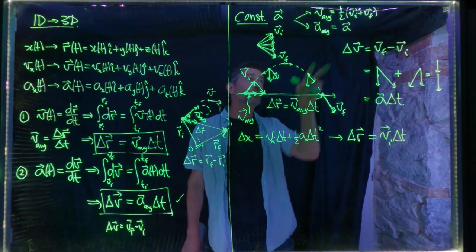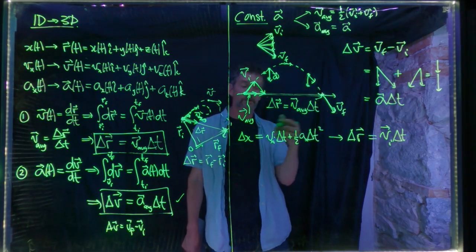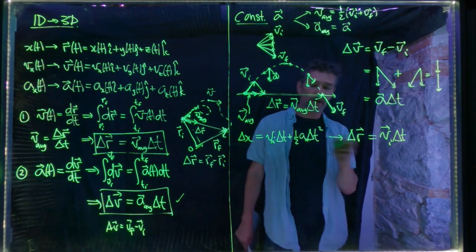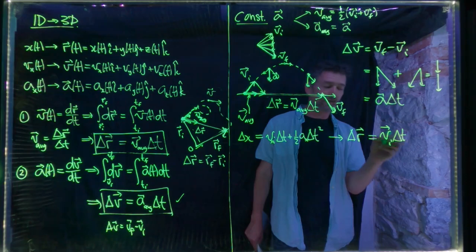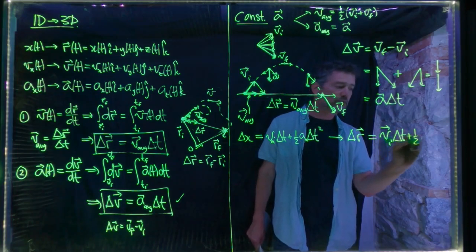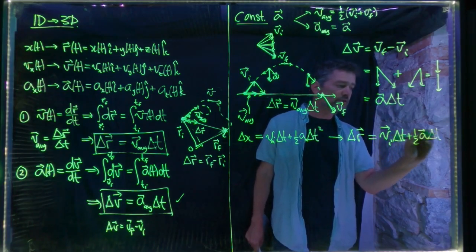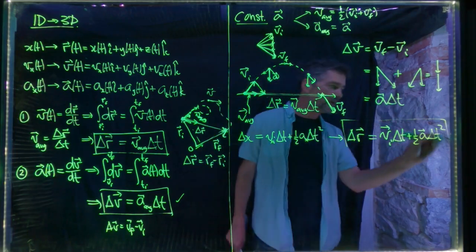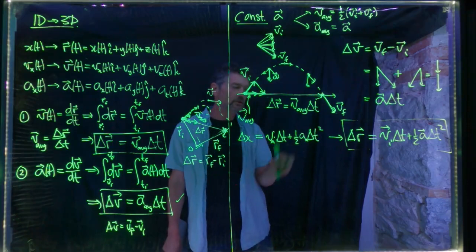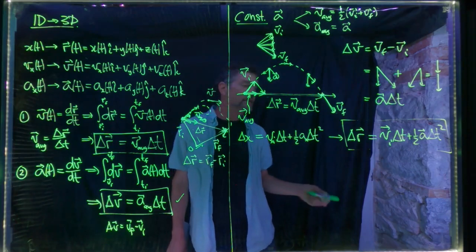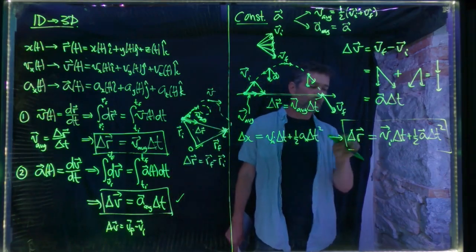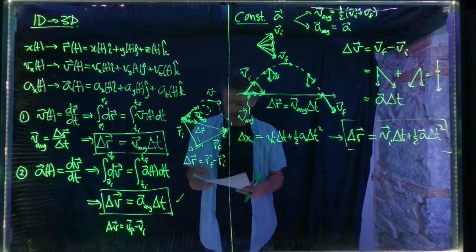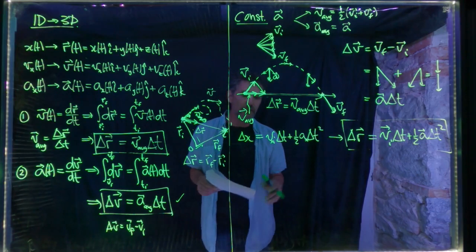If we're dealing with constant acceleration in general in x, y, and z, you will have a similar a y and a z term. And so when you add those all up, including i hat, j hat, and k hat components, you're going to get plus 1/2 the full vector acceleration times delta t squared. And so this is the vector version of this equation here for one-dimensional motion along the x-axis. This includes motion in the x, y, and z directions. And you can easily derive this in exactly the same way that we did before.